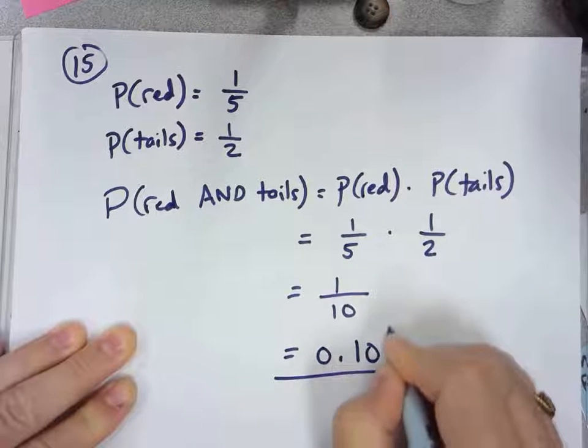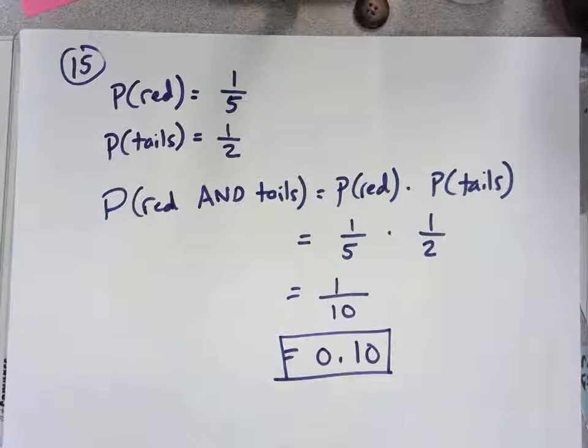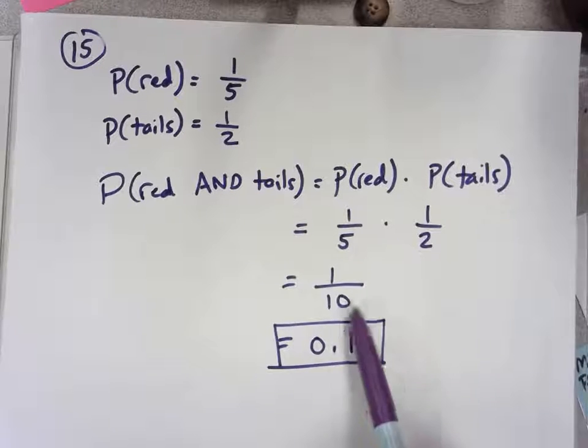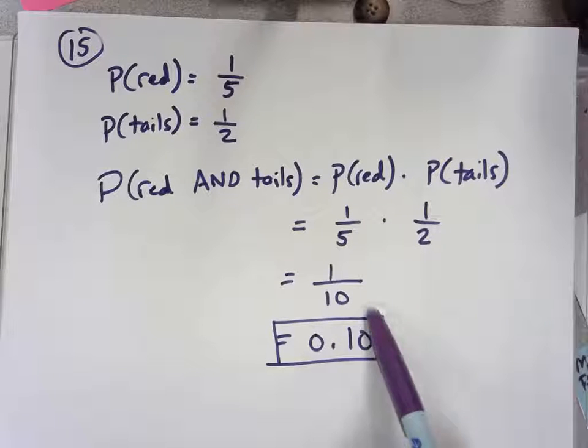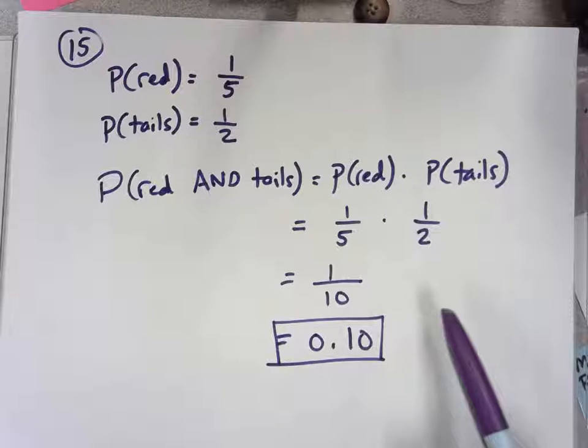That's where I messed up. I added them, and I got 7/10. And I think this one you could have just entered 1/10, and you would have been fine.